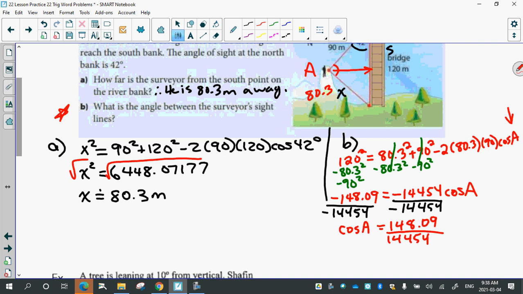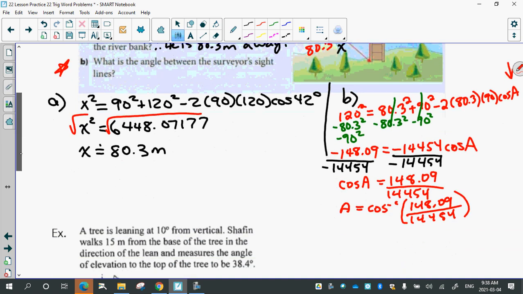Now I've got cos A, but I want angle A, so what do I do to get angle A? Cos inverse. So angle A is the cos inverse of this. Which is, oh, it's close, 89.4.